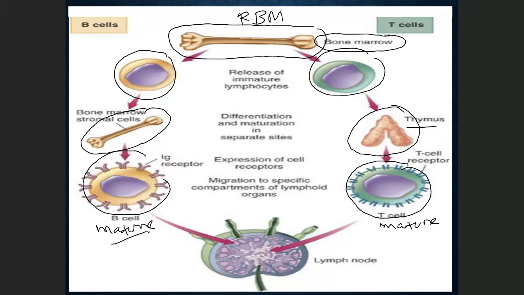Okay, and then both the mature B cell and T cell will go to a special organ like the lymph nodes. This is the place where the mature B cell and T cell stay. It's just like if they are an army, this lymph node is the place for the army to stay.